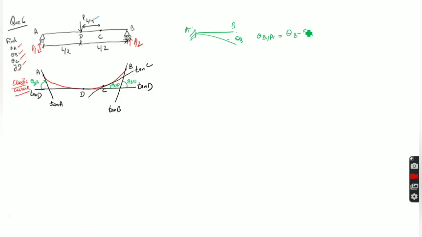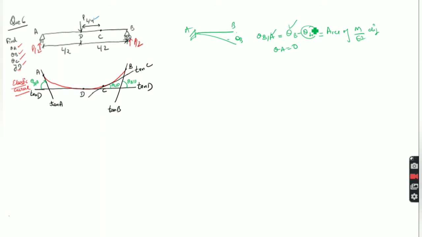Because we know that theta A will always be 0, because this is a fixed end, right? Because we have to find out theta B, we need to be sure about the value of theta A so that we can calculate the value of theta B using this relation, right? So to conclude, we must know the value of theta at the second point.